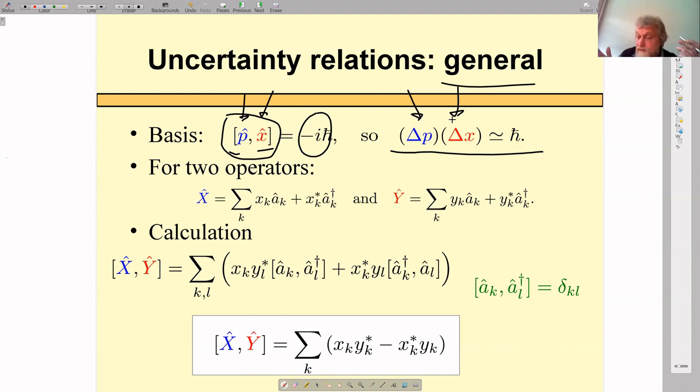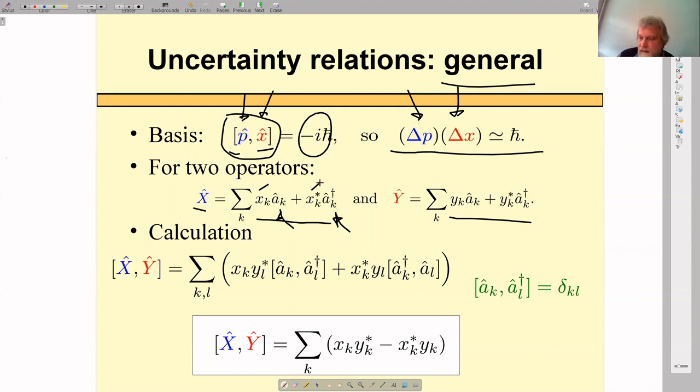That allows us to generalize these uncertainty relations for any operators, and in particular, we would take field operators. In this case, I don't want to specify the field. I only want to know that those are operators which are linear in annihilation and creation operators with some coefficients.